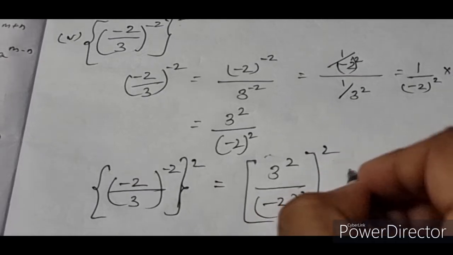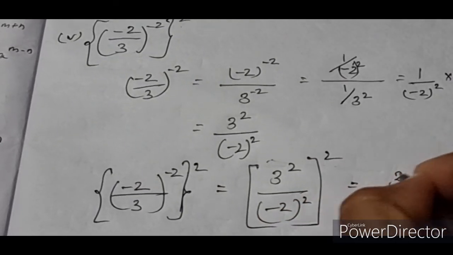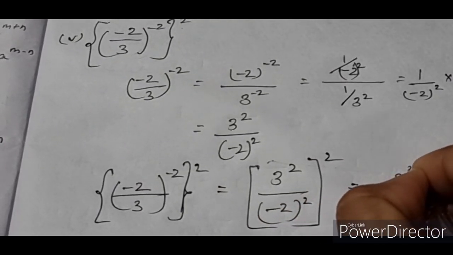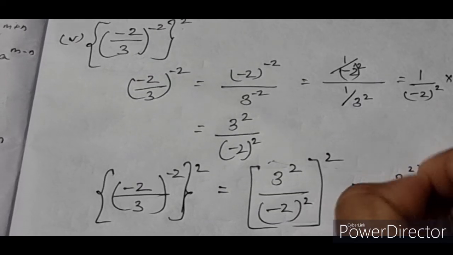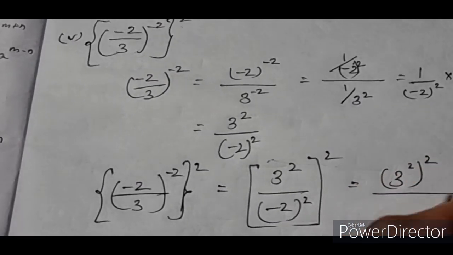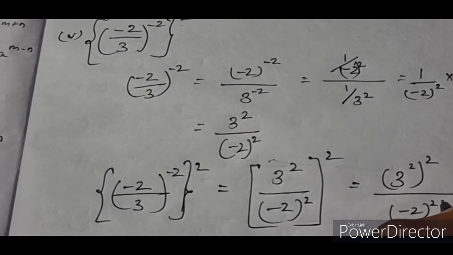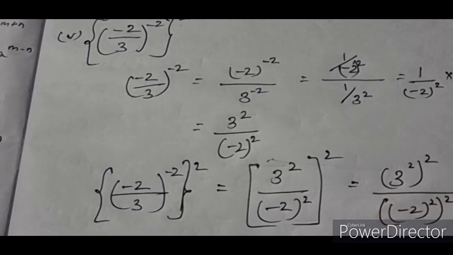Okay, so this can be written as 3 to the power 2 whole square divided by minus 2 to the power 2 whole square.